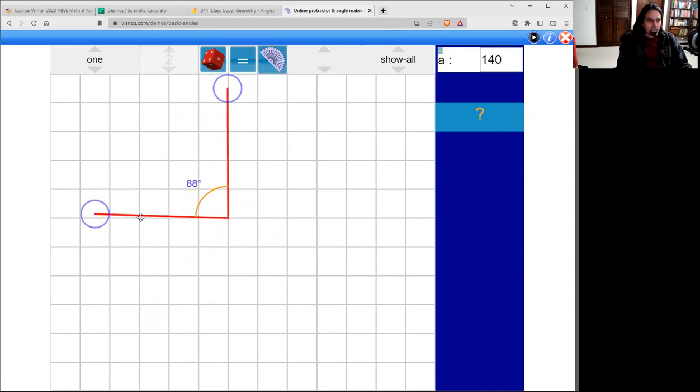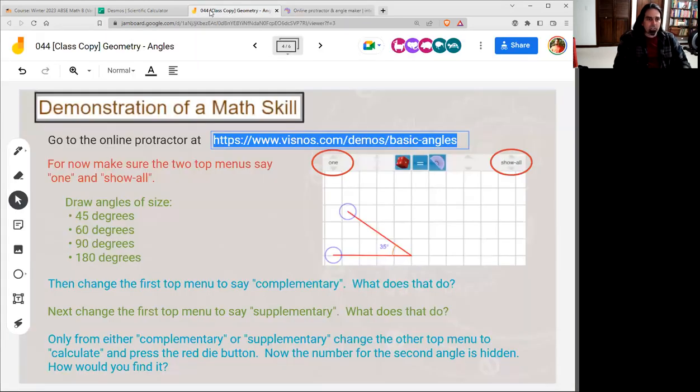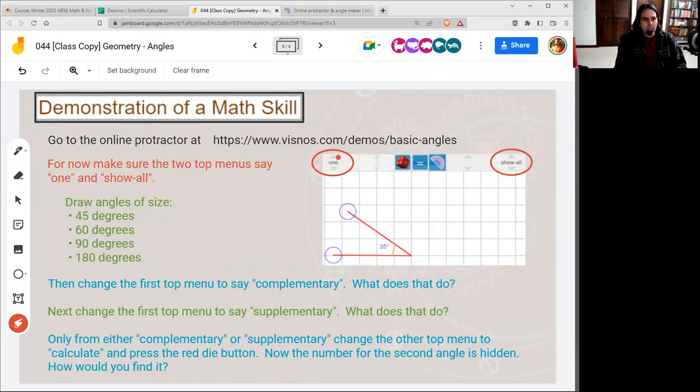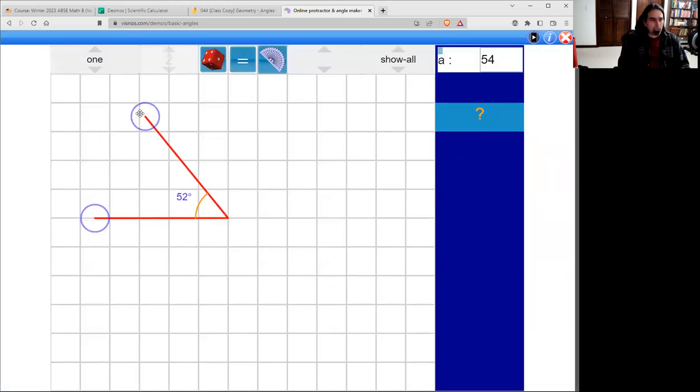So our first task will be to just play around with it as it is. When you first load it, you'll notice it says 1 and show all. So keep it that way and try and make some of those angles we just saw. How big is 45 and 60 and 90 and 180? 45.